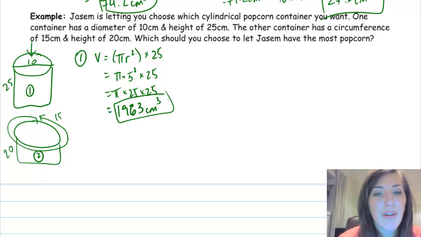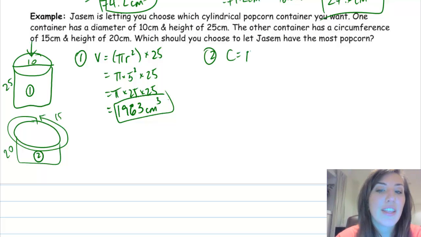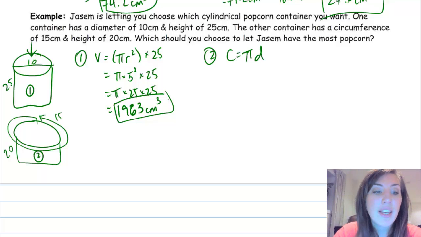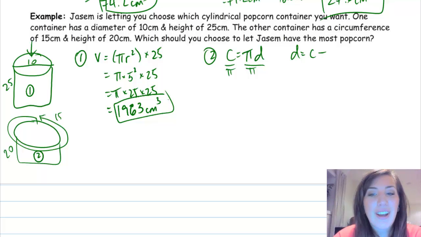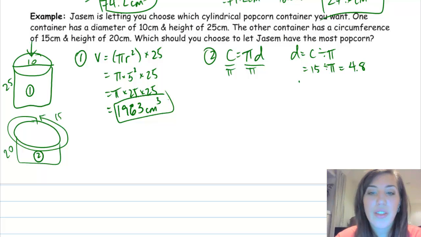Now let's check out the volume of the second container. First thing we need to consider is that we're given the circumference of the container. We're not given the diameter around the top. So we need to flip this around a little bit. To get d by itself, we're going to divide both sides by pi. So diameter equals circumference divided by pi. So that's 15 divided by pi, which equals 4.8. And we need to know the radius.